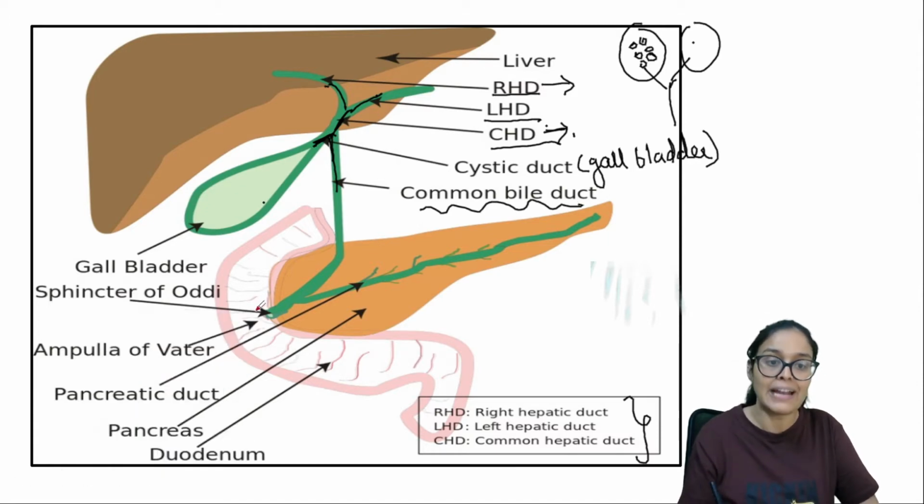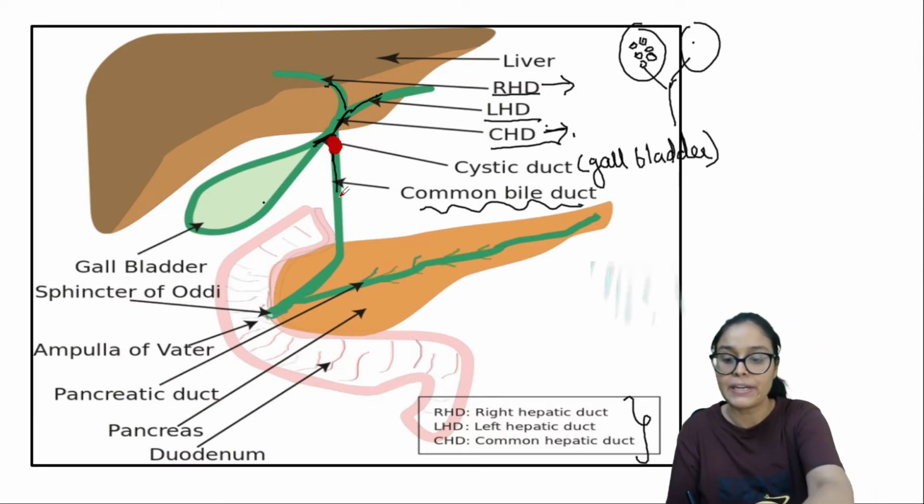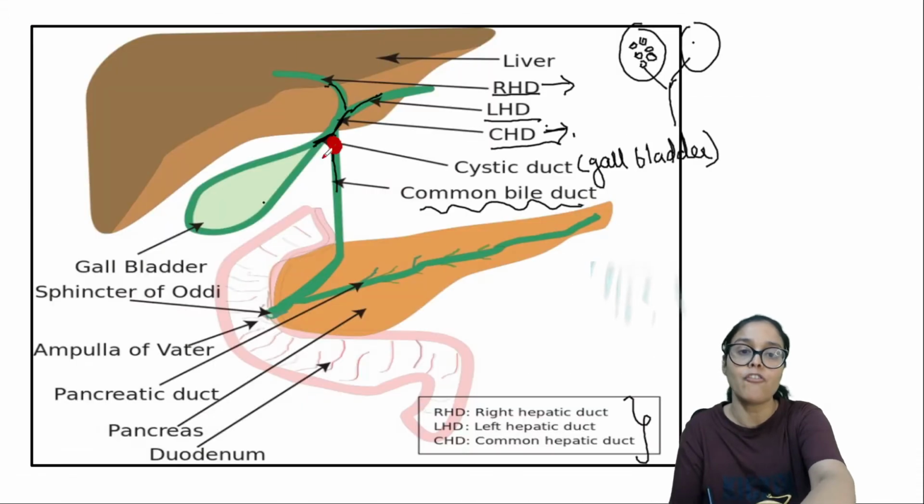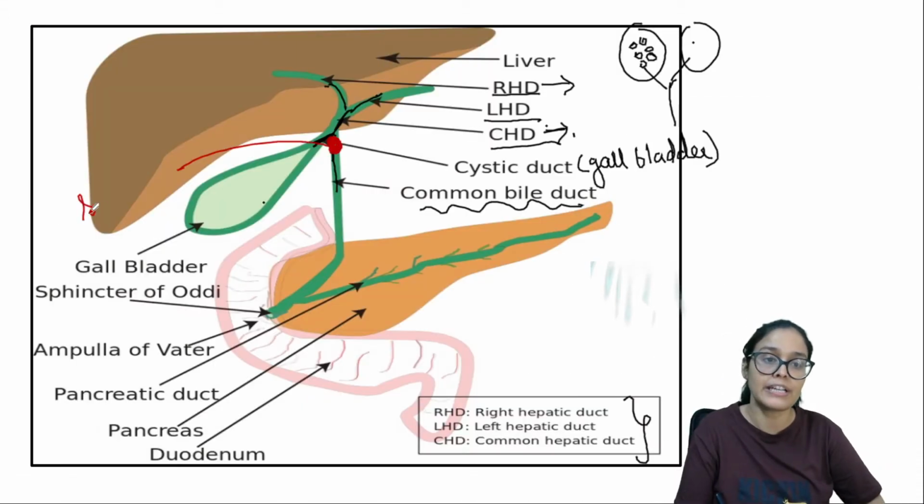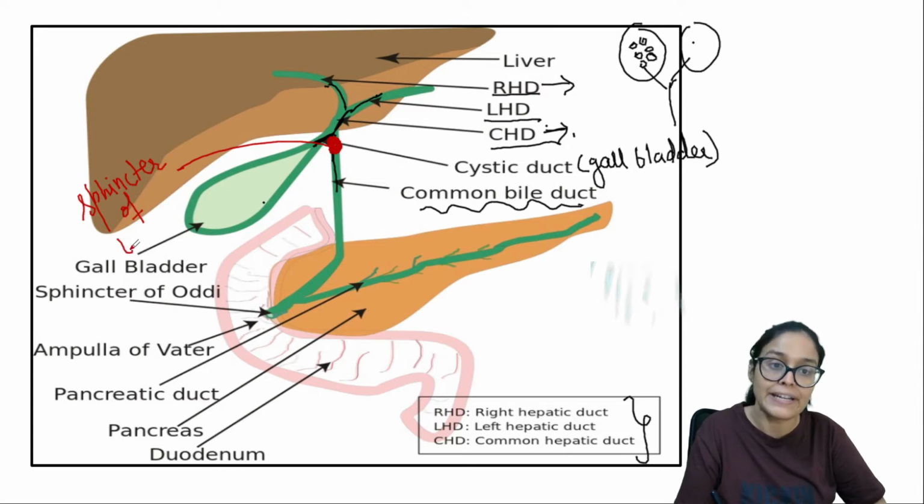And common bile duct की opening में, means here the common bile duct opening has the sphincter of Boyden, right?